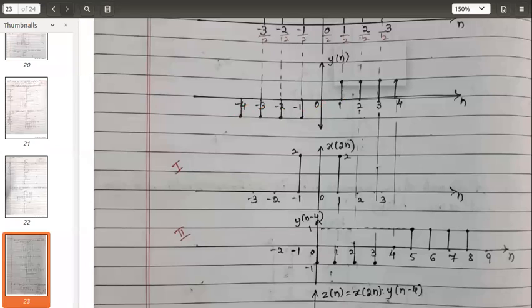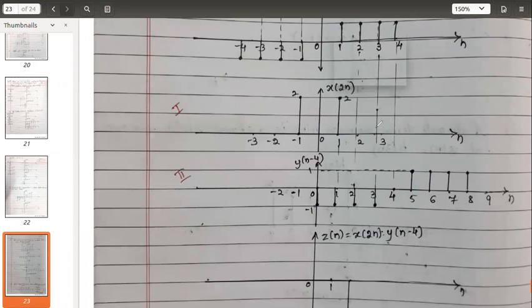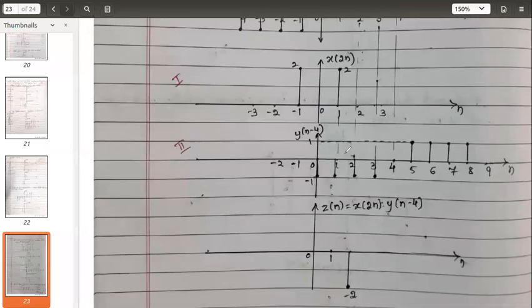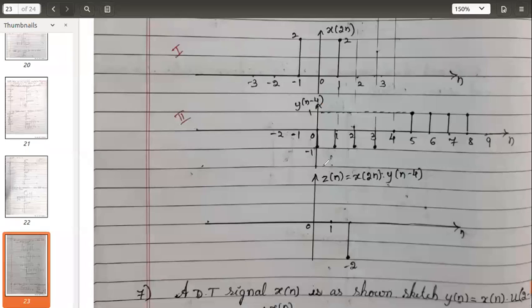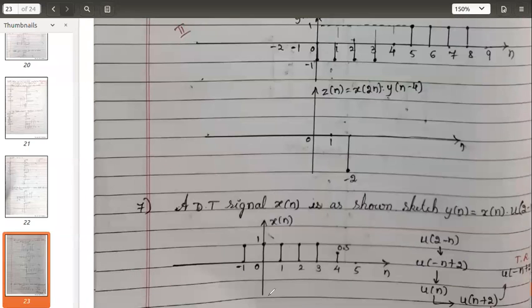Okay. Did you understand this? Any doubts, you can ask me. If no doubts, you take this problem as a homework and try to solve it.